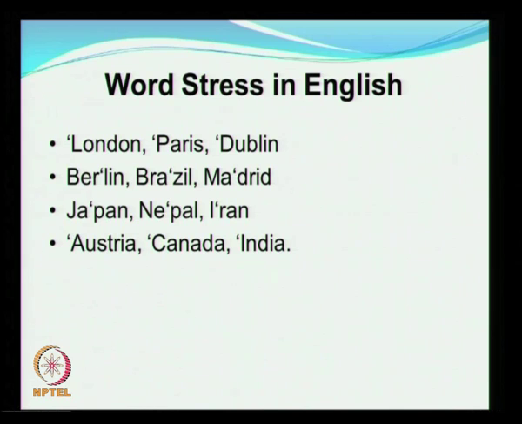Look at the names of countries. Many countries where the last part is emphasized, such as Japan. Next. Nepal. Next. Iran. But there are names of countries where Englishmen stress the initial part, such as Austria. Next. Canada. Next. India.